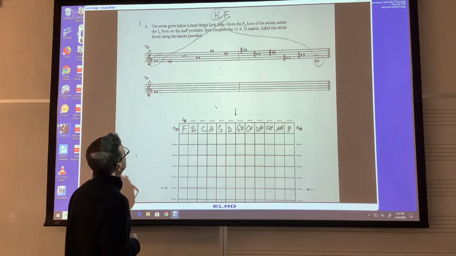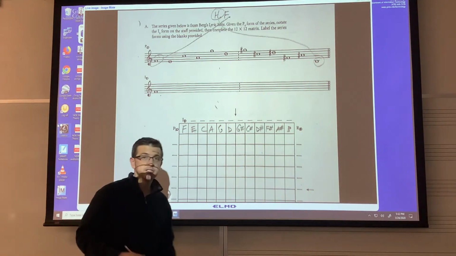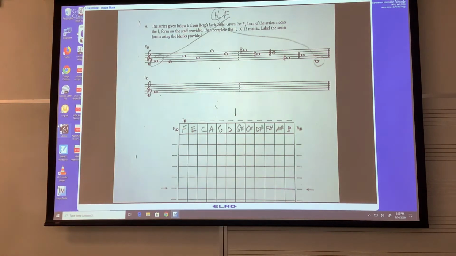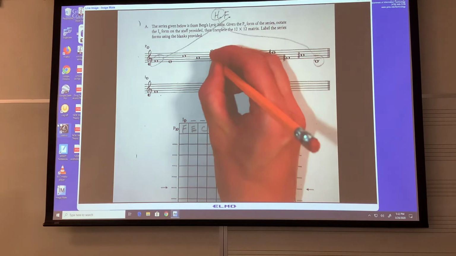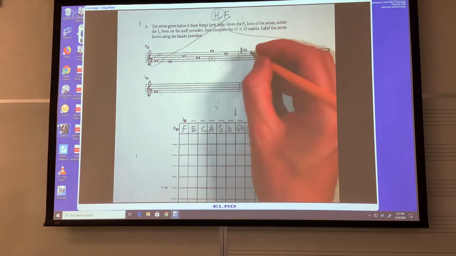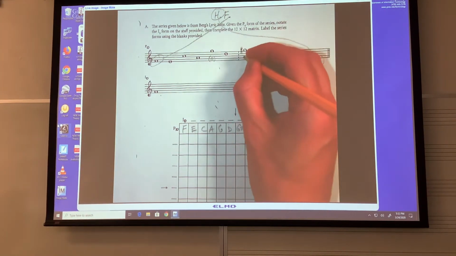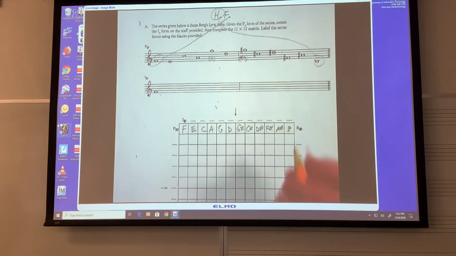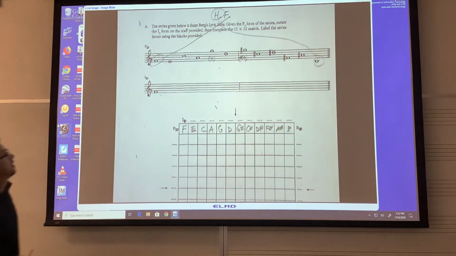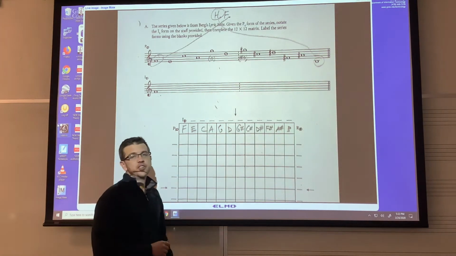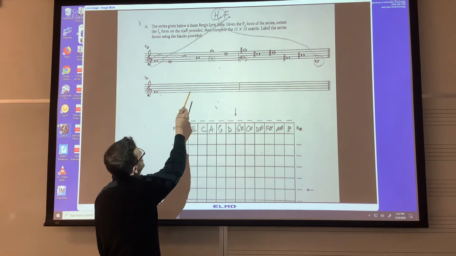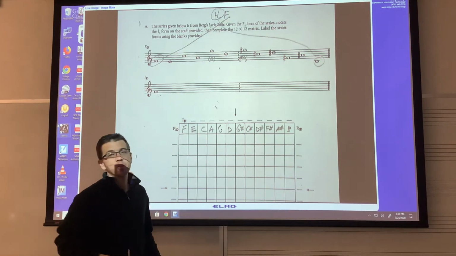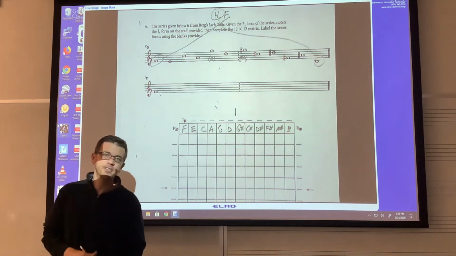Now the next thing is we need to do I0, and so we're going to do the upside down version. When you do the upside down version, you might find it's easier to use these notes that are closer to the starting note than the other one. But I'm going to go ahead and get you started on the inversion.